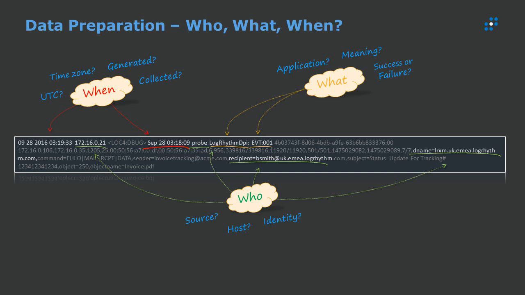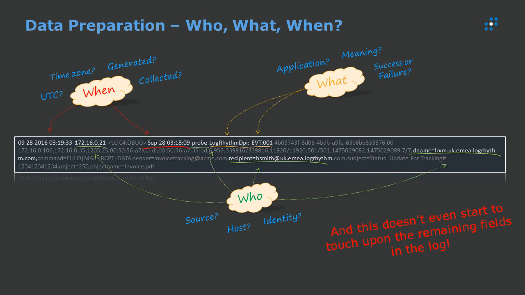Again, if we look at the who, there are some IP addresses, some host names, some usernames. Which one is source, which one is destination, and so on? So far all we've talked about is 3 elements of this particular kind of log. There's a whole raft of other information here that we haven't even talked about yet.